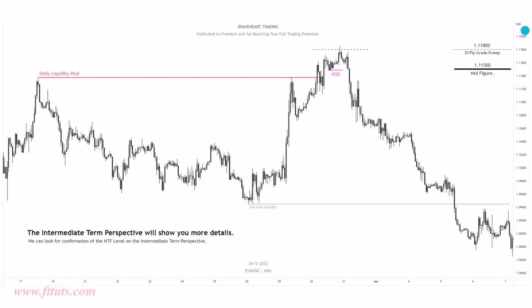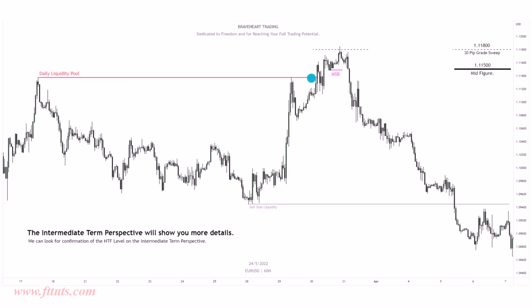We can start looking at these figures here. There's such a thing called institutional figures, which are the 0.8 level, or the 0.2 level, or the mid-figure level. Basically you can use the mid-figure level and you can project that in 10, 20, 30 pip sweeps, and that's how far price will hunt above a key liquidity pool such as this daily one.